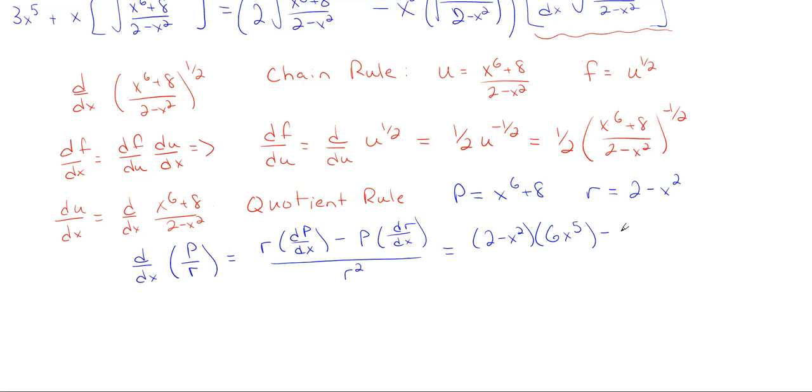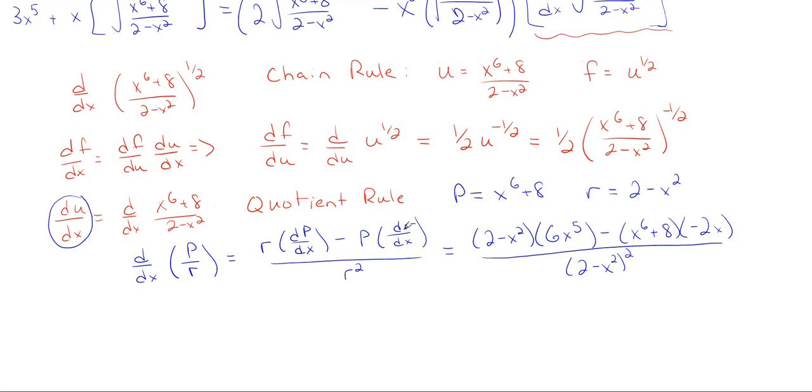And then we're going to have minus my p, which is x to the 6th plus 8, and then the derivative of r with respect to x, which is just going to be minus 2x here. And then all of it over my r squared, which is 2 minus x squared, squared. Alrighty, so that is just my portion for du dx here.